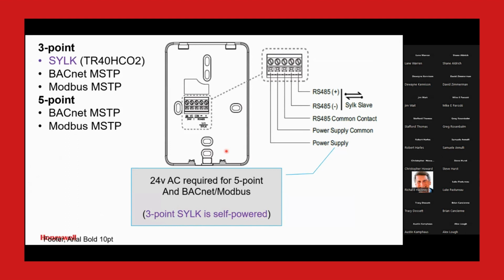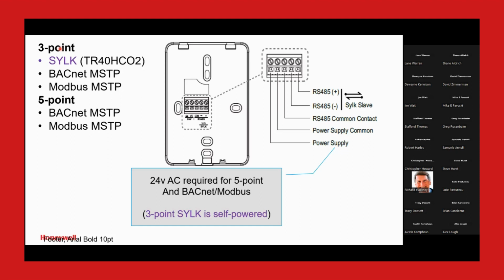So if you buy the 3-point and you configure it for Sylk by wiring it up to these terminals here, it will emulate a TR40H CO2. So the 3-point variant is a direct replacement for the TR40H CO2, and it costs less money.